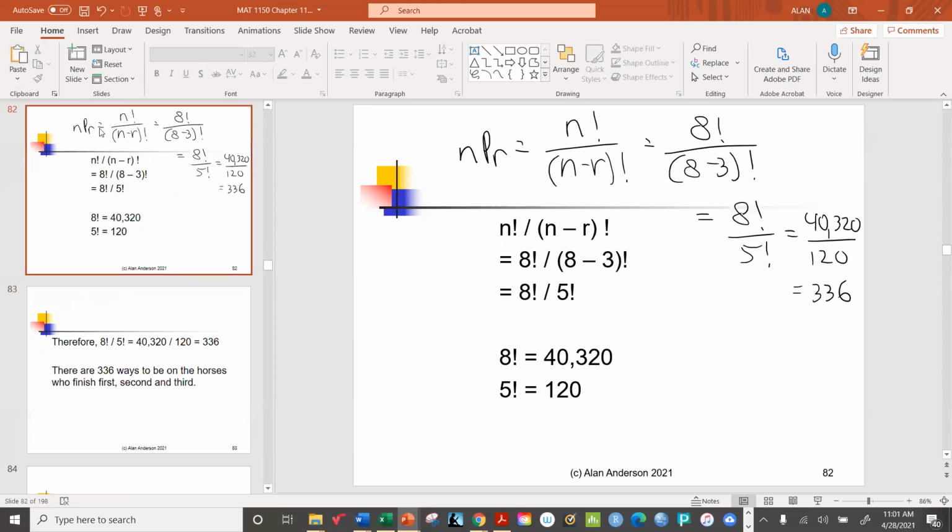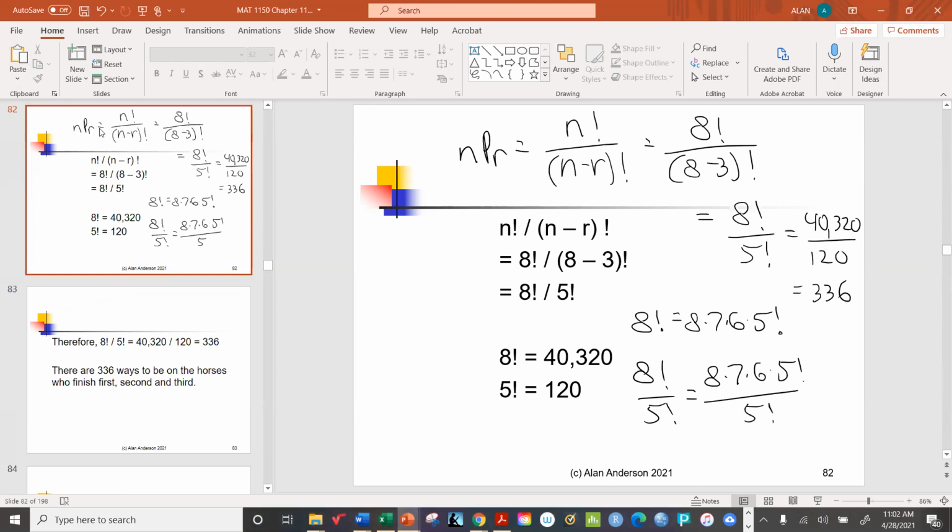Or you can use our clever approach. So therefore, 8 factorial over 5 factorial, and so 8 times 7 times 6 is 336.